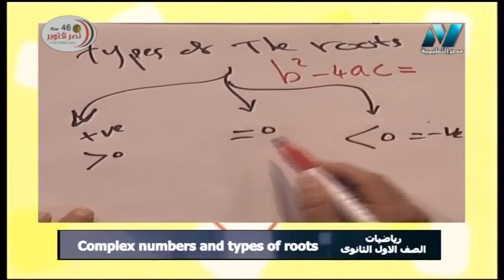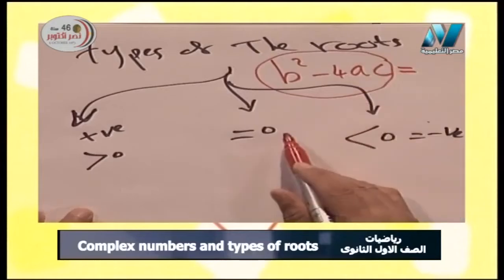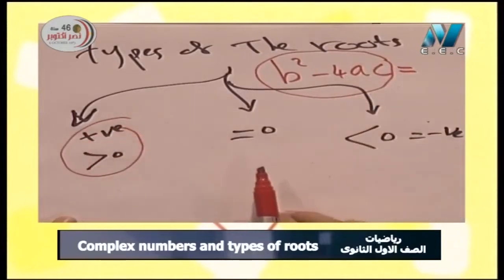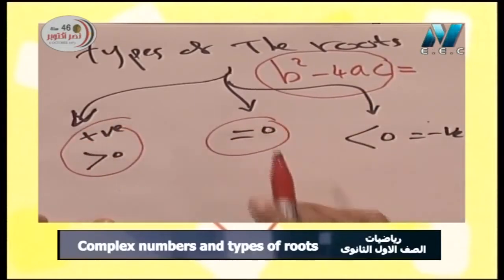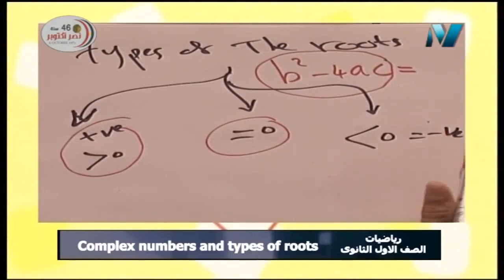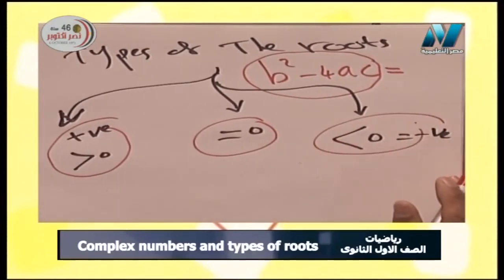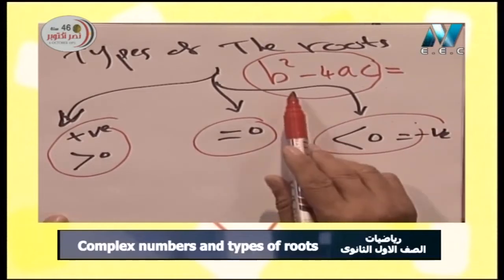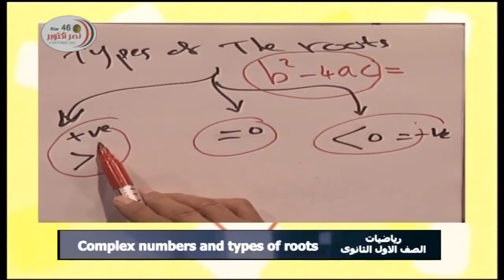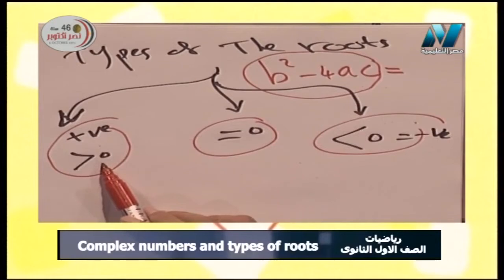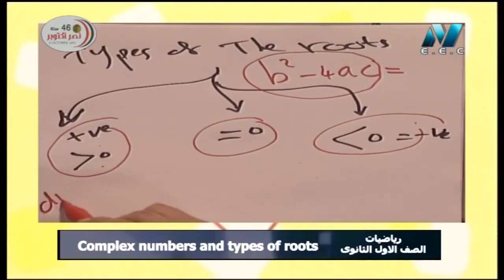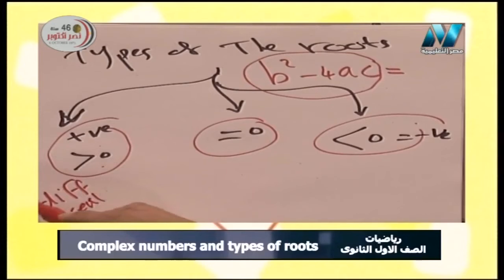Sometimes this discriminant equals a positive number, or equals 0, or equals a negative number. What happens if the discriminant equals a positive number, or is greater than 0? Then we predict that the two roots will be two different real roots.